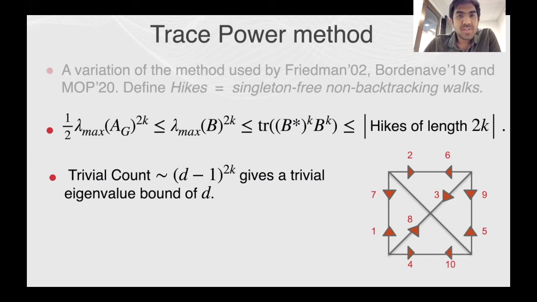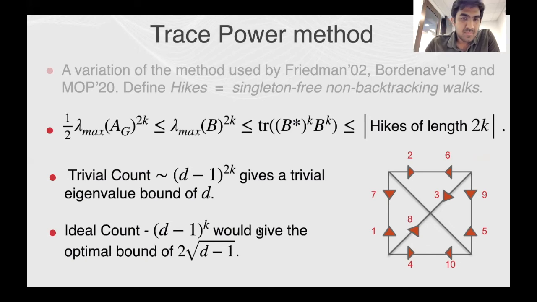Which is trivial because we've seen that lambda of G is at most d. On the other hand, an ideal count would be (d-1)^k, because that would give you a close to Ramanujan bound. It will give you 2 square root of d minus 1. So now the goal is to get an efficient count as close to (d-1)^k as possible.